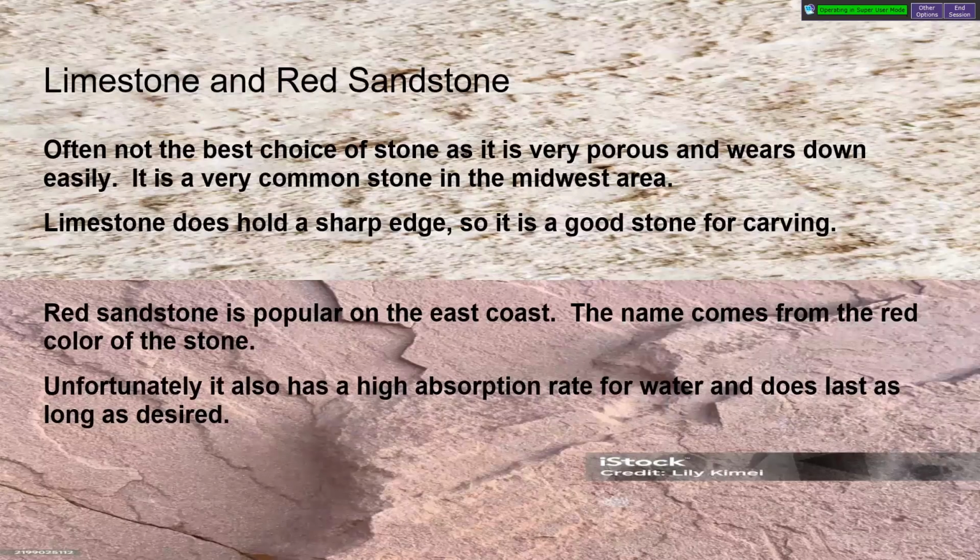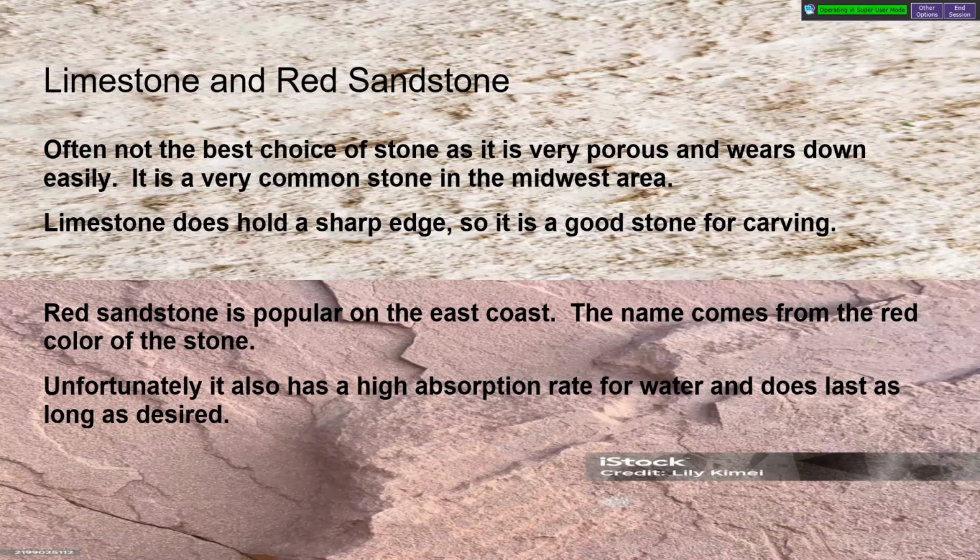Limestone and red sandstone. Limestone is very popular here in Wisconsin, but it's not the best choice because it's porous and it wears down easily. Like I said, it's a really common stone in the Midwest area. So we're talking Wisconsin, Minnesota, Michigan, Iowa, Illinois. You'll see a lot of that when you go around here. And if you've seen sandstone and limestone, you know that as rain hits it, and snow and ice, it just kind of starts to melt away.